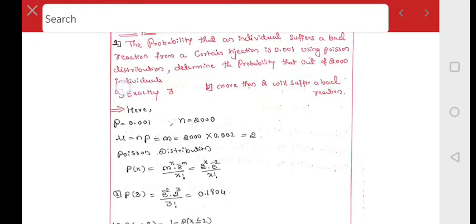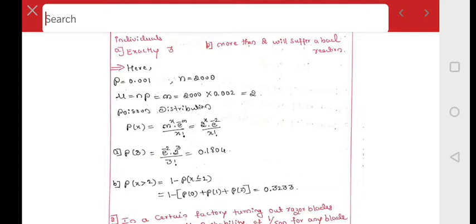Here p is equal to 0.001, n is equal to 2000, so mu is equal to np, which is nothing but m, and it is 2000 into 0.001, which is equal to 2, so mu is equal to 2. The Poisson distribution p of x is given by m raised to x into e raised to minus m upon x factorial, which is 2 raised to x e raised to minus 2 upon x factorial.